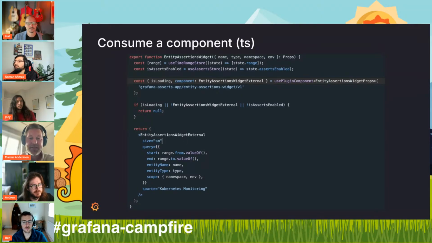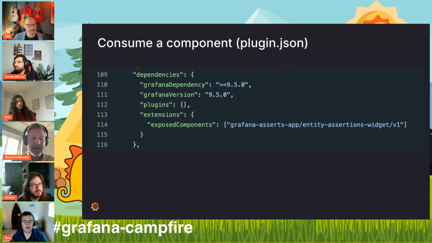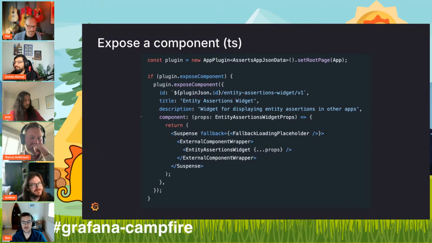So this is in the Kubernetes app in this case. And you also need to add the static metadata in the plugin JSON that Joey highlighted. Not the best, but yeah, it's still needed. And then in the Asserts app, they basically just call the expose component.